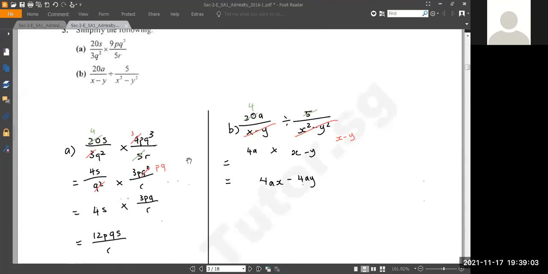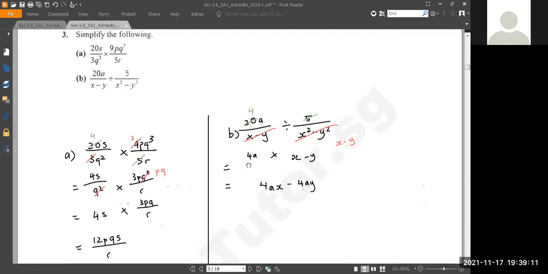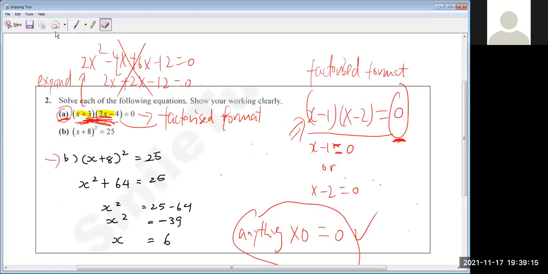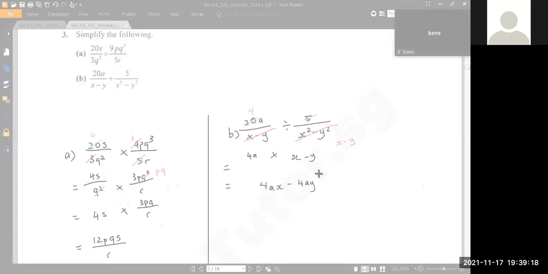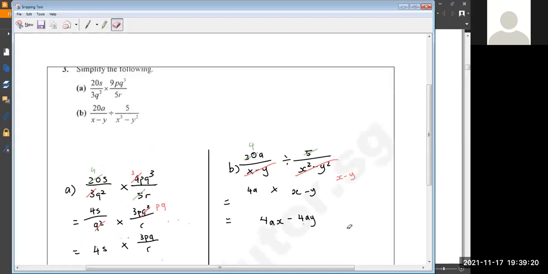Okay, over here, this question is very straightforward. You just combine and cancel. Let me quickly get this out and check your answer. These questions should be a giveaway, because you just cancel when you can cancel.